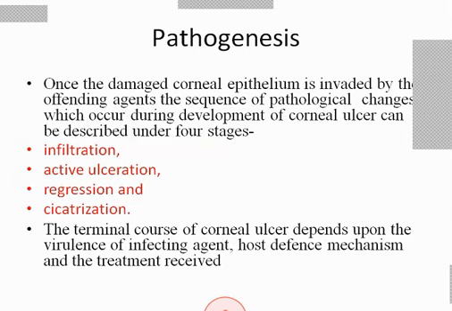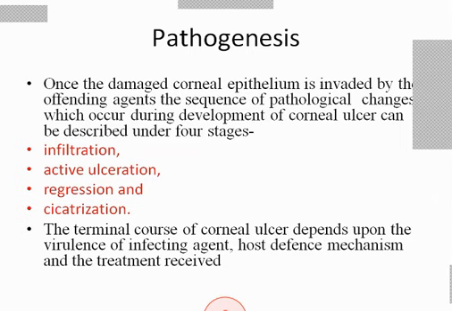Active ulceration means the epithelium starts shedding. And then after you do antibiotic treatment with artificial tears and cycloplegia, you can see regression. The infiltration starts regressing, and you will see less and less of the grayish infiltrate around the ulcer.